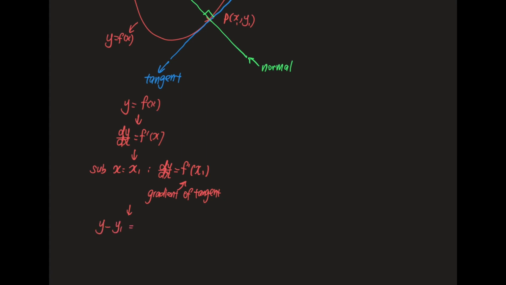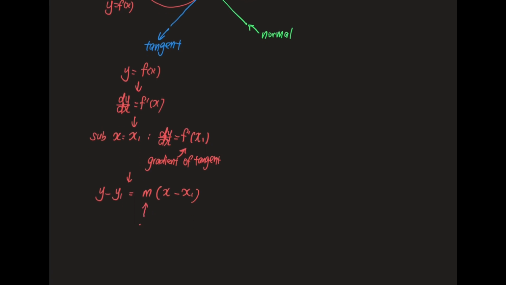Then after that, you want to find the equation of tangent. So you just do y - y1, where y1 is from point P, equal to gradient times (x - x1). This is the straight line equation. You see, tangent is a straight line.